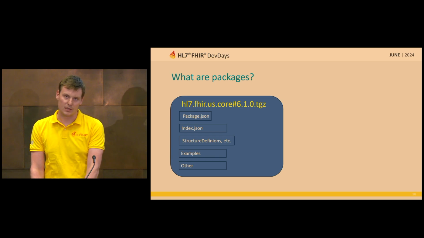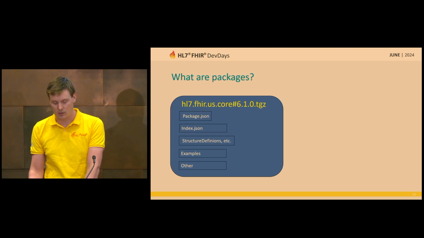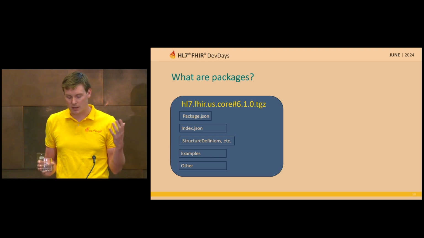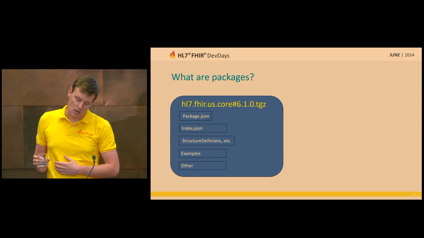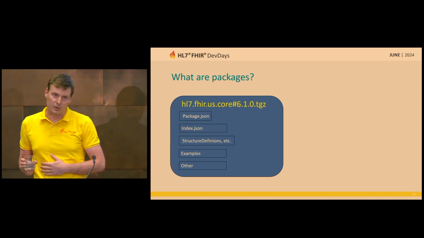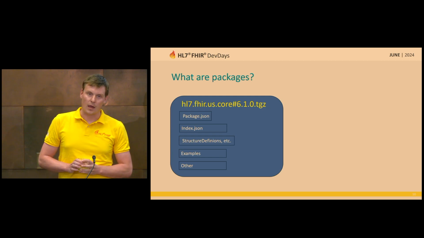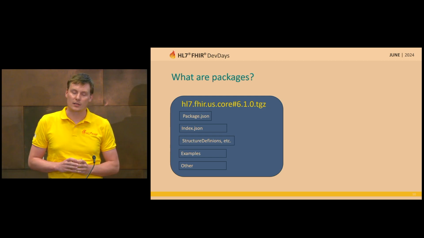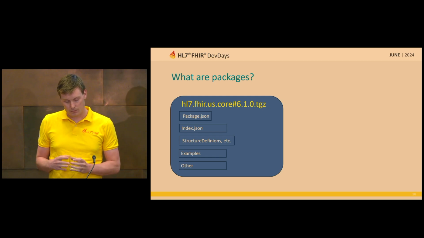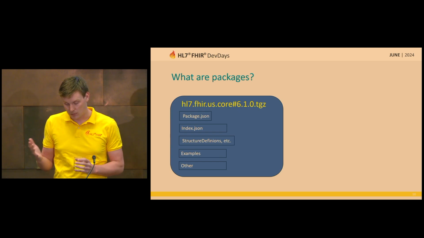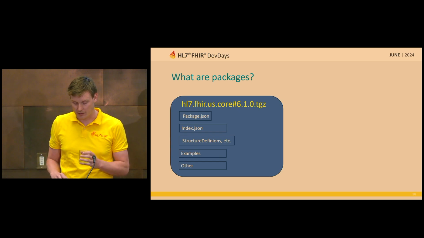So that's basically the most interesting part. You can think about structure definitions, value sets, code systems, whatever you use to describe your use case. You can also add examples in it. Basically everything you need to describe your IG or project or whatever.